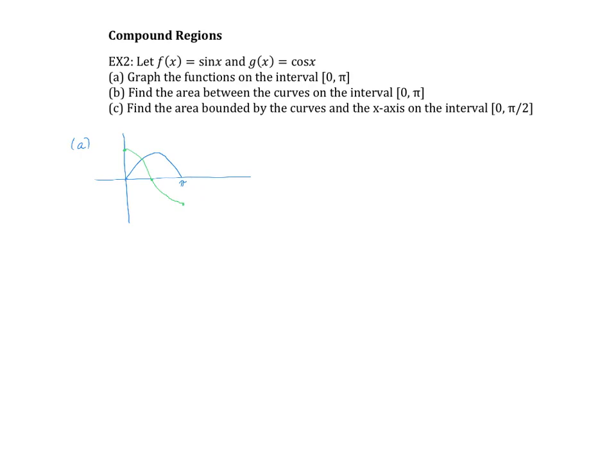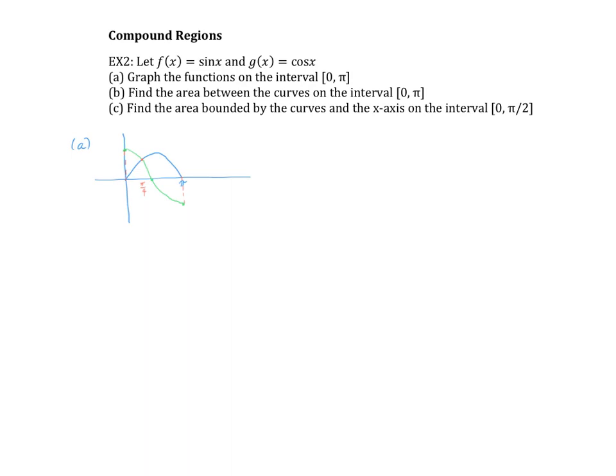Okay, so I'm starting at 0, and I'm going to pi, and I'm trying to find the area between these two curves. I've got to be careful because they intersect at this point, which is pi over 4. At pi over 4, my upper and my lower functions switch.